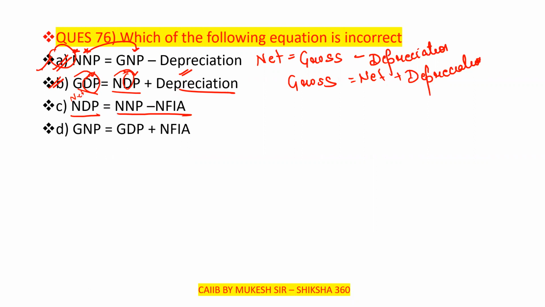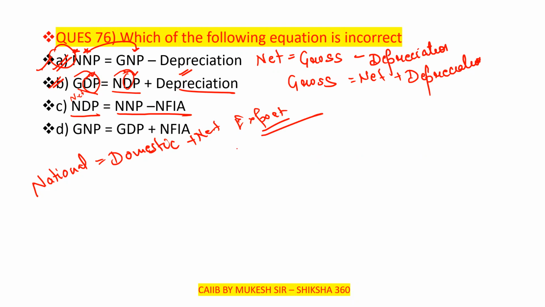So we move from domestic toward national by adding net factor income from abroad. Please tell fast, is option C correct or not?